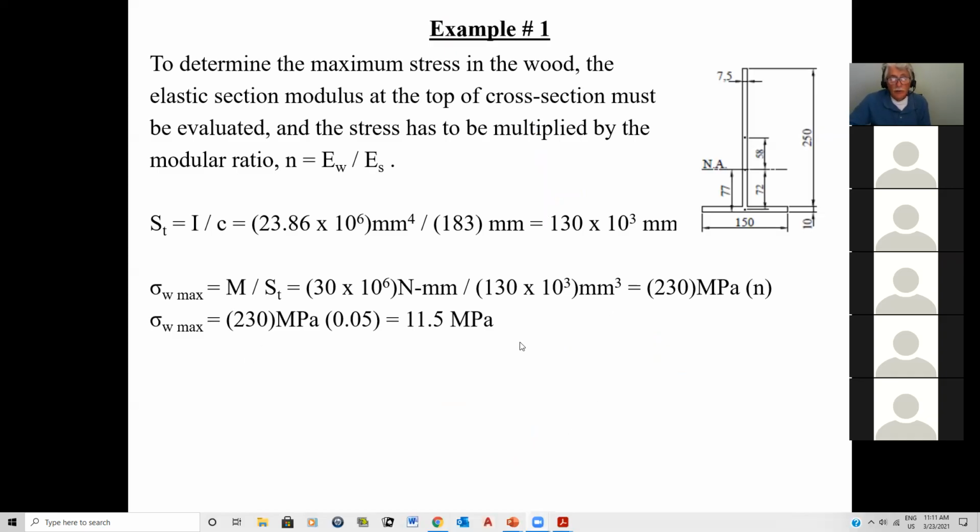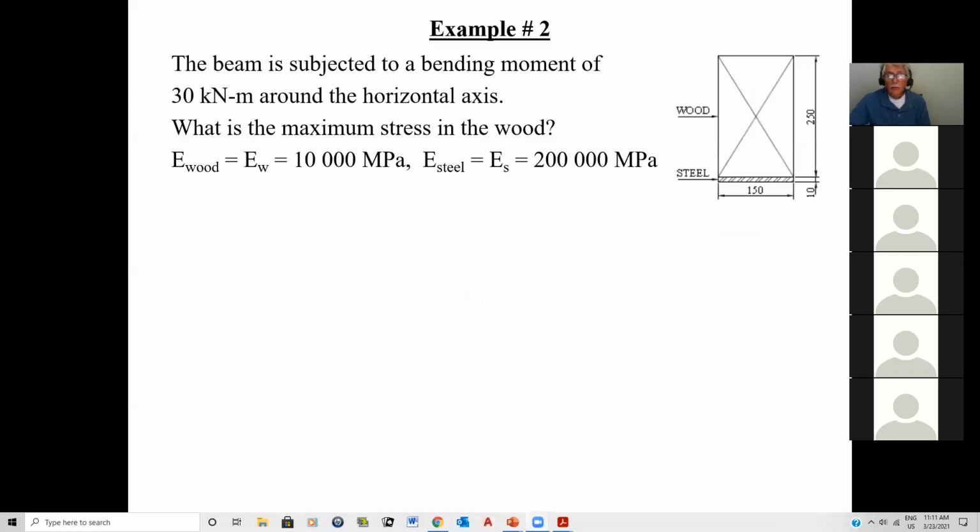So here we go. Now we're going to do the same thing, except now we're going to be transforming everything into wood to see if we get the same values in terms of stresses. And in theory, we should. First of all, I'm transforming the section to wood. That means I'm transforming the steel into wood, and the dimension of the steel parallel to the axis.